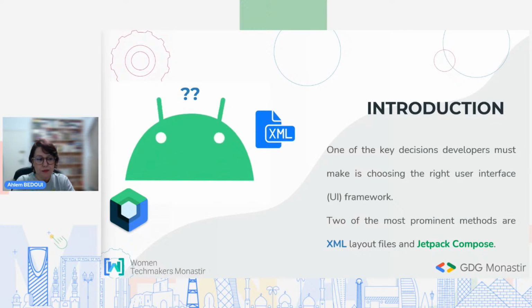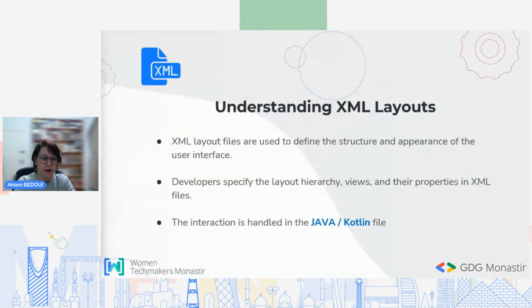Let's start with the first method, which is XML files. XML stands for Extensible Markup Language. XML has been a fundamental part of Android app development for a long time. When you create a project based on XML layouts, you are going to create two files.